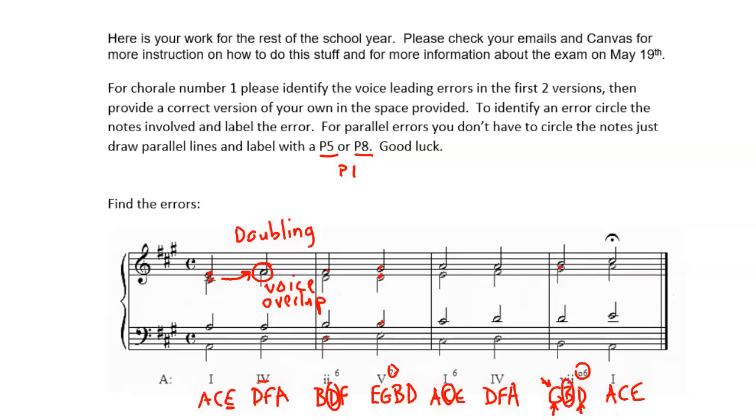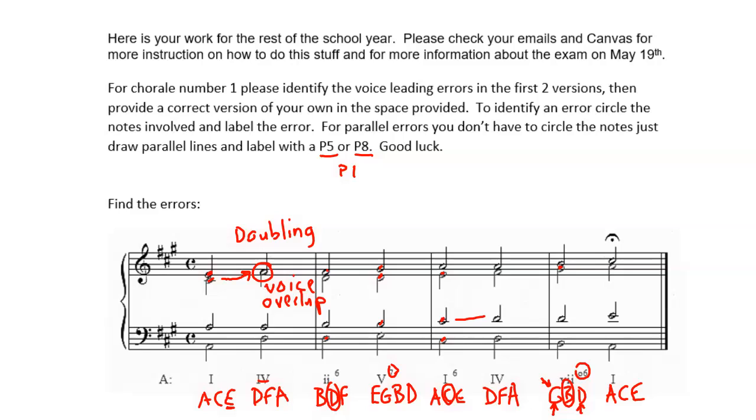Next chords, I've got staying the same, stepping up, stepping up, stepping up. So lots of parallel motion on the stepping ups. What are the intervals between the alto and the tenor? I've got a third, that's acceptable. Between the alto and the bass, I've got a third, that's acceptable. But if I've got the same interval between the alto and the tenor as I do between the alto and the bass, that means the tenor and the bass are probably an octave, which they are.